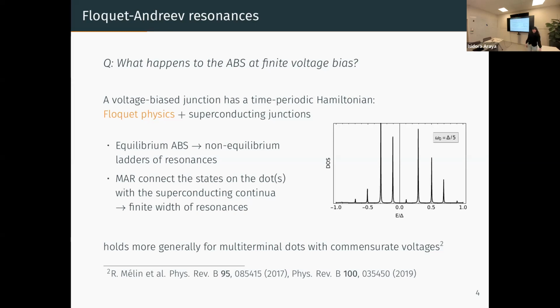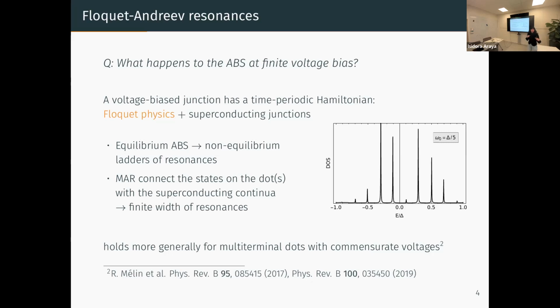So it kind of depends on the setup I choose. If the junction has symmetric couplings, then it's symmetric around 0, for example.